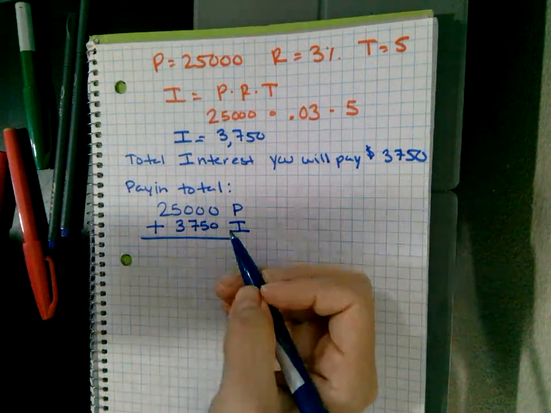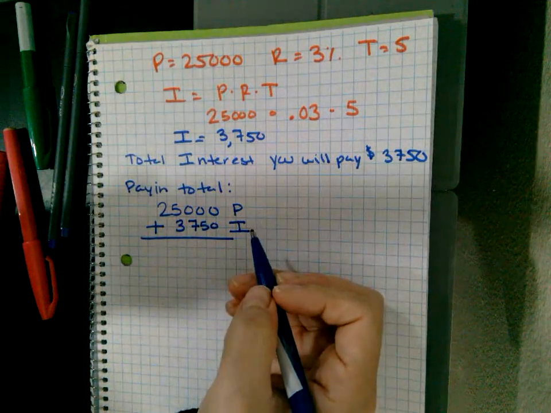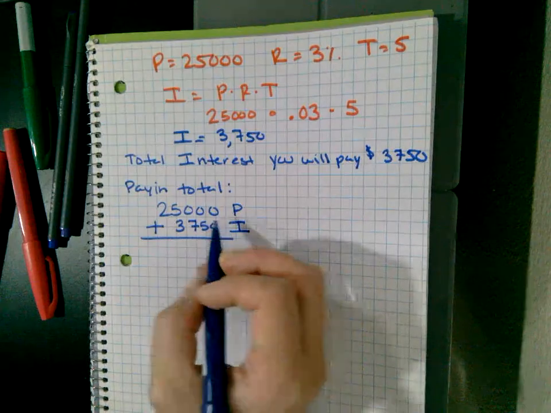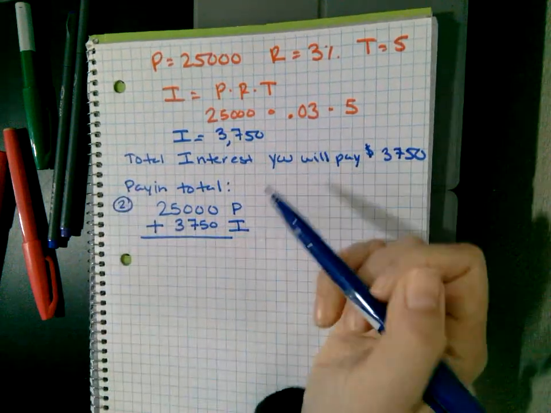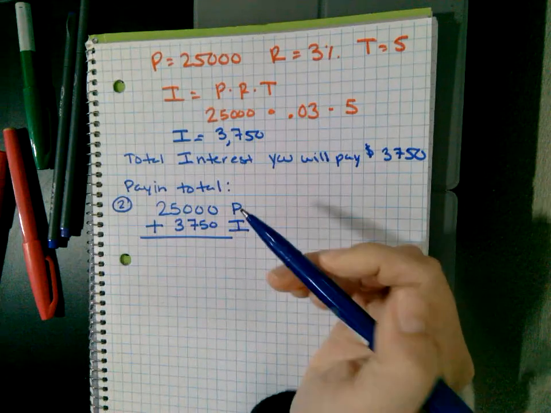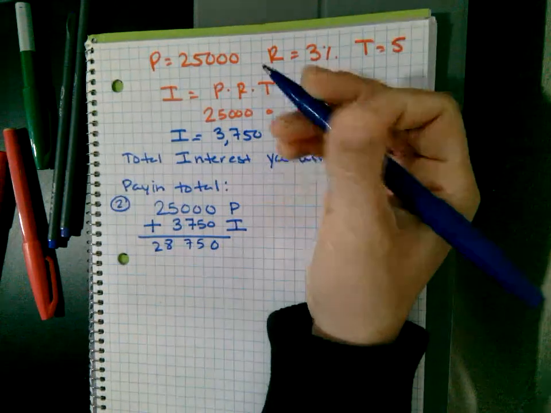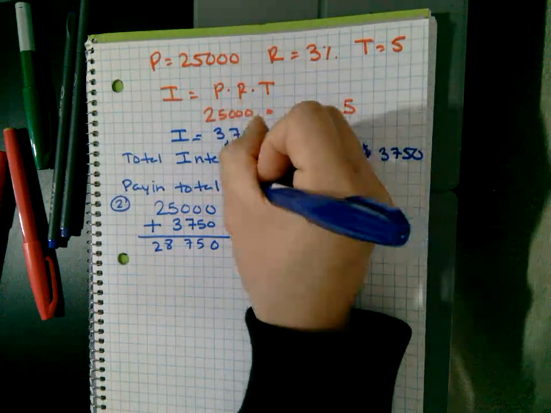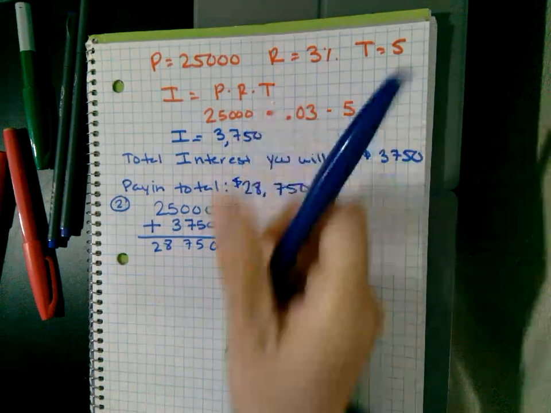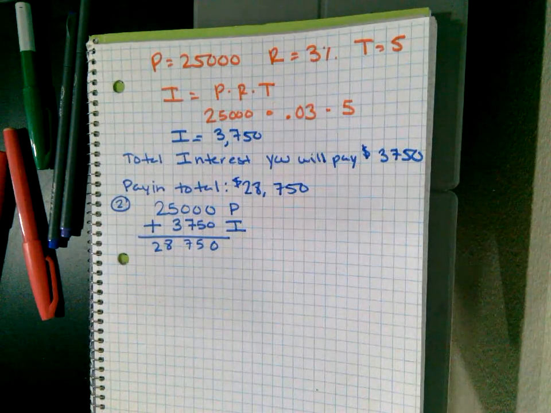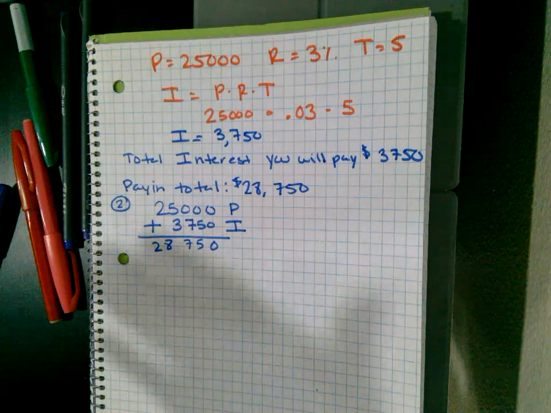So kind of like our second step when we do discount and tax and markup. Okay, it's our second step. So this is like our second step where we take our principal and we add our interest to it. And then what you will pay in total is $28,750.